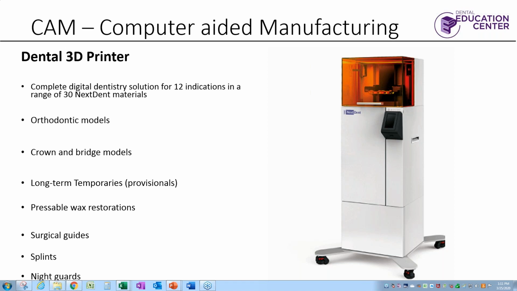Right. And remember, at the beginning part of the lecture, I talked about who invented the STL file. Well, that was 3D Systems, and now we can tie that back and make a full circle. 3D Systems came out with a dental mill not too long ago, and subsequently they purchased a company called NextDent. NextDent controls a good majority of the materials on the 3D printed market today.